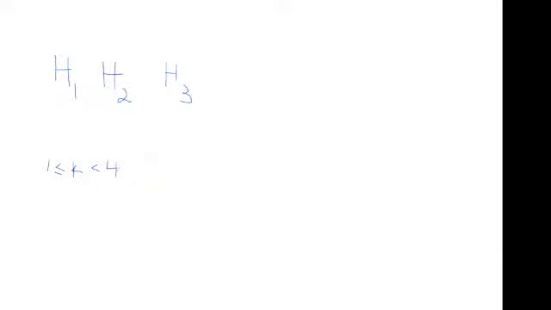So maybe that includes 3. Or let me even chop that off even more. Let's just say here, we're going to assume this is true for n equals 2. And then we want to show that this is going to imply that it's true for the next one, n equals 3.